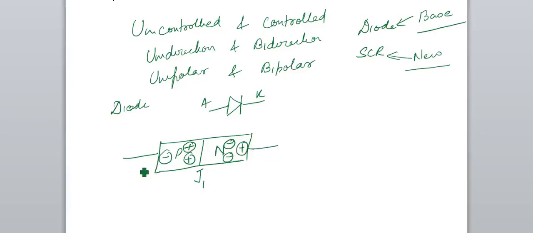When you apply forward bias, the electrons get attracted towards the positive potential and holes get attracted towards the negative potential. So the electrons move from n-type to p-type, and the holes move from p-type to n-type.